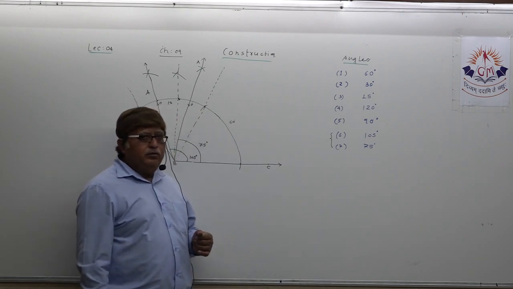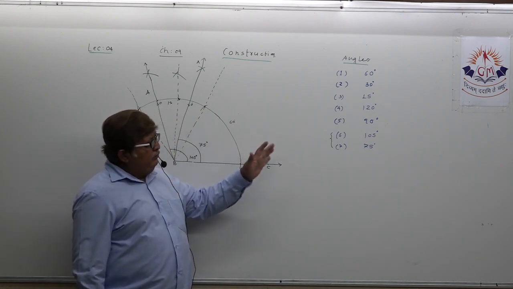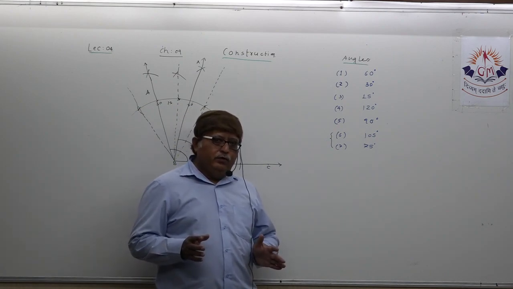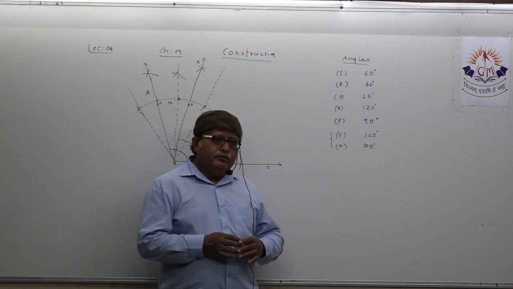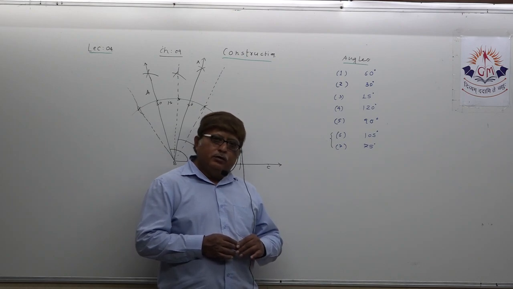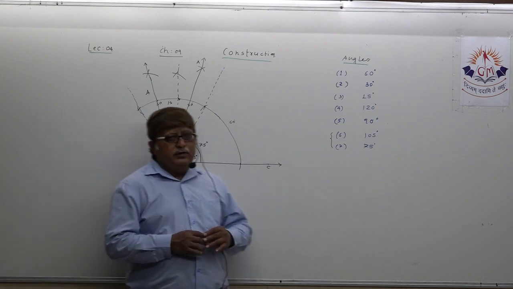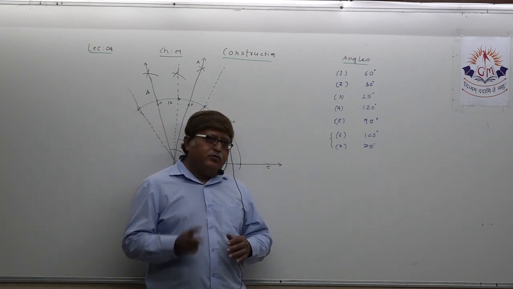You do not have to use the protractor, but these 7 angles need to be mastered for drawing construction of various types of quadrilateral. Understood? So in homework, all 7 angles you need to practice thrice.